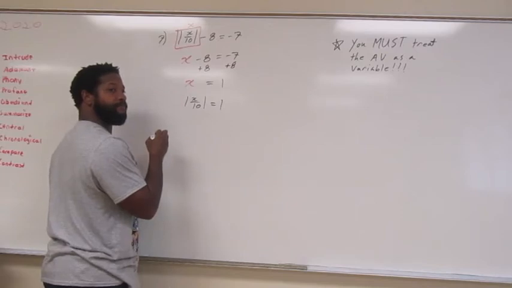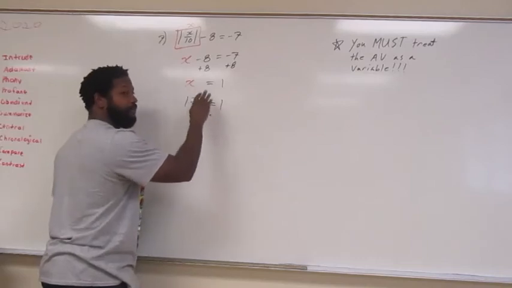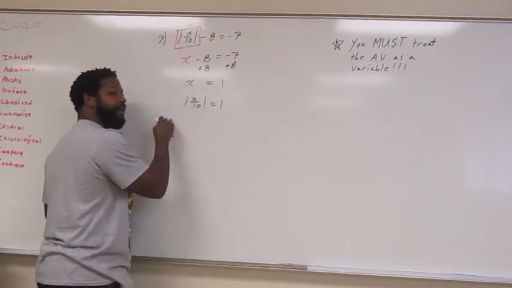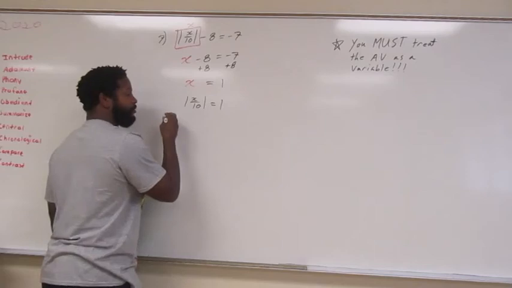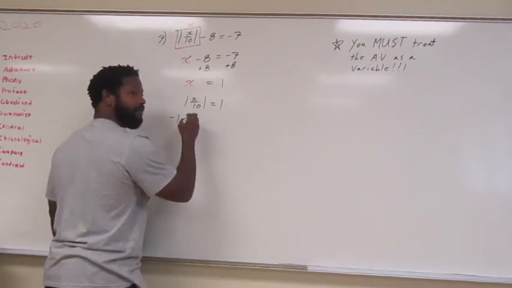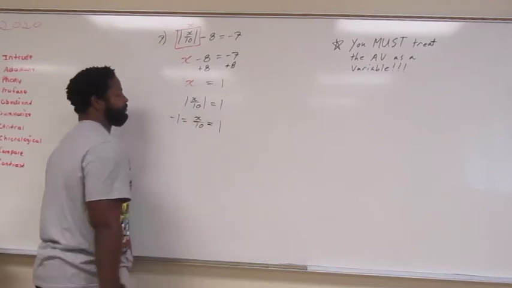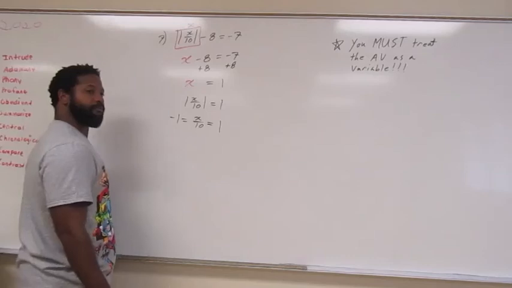We just switch the 1 to a negative, so whatever number is over here, just write the opposite on the other side. So what's the opposite? Negative 1 is equal to x over 10 is equal to 1. There you go.